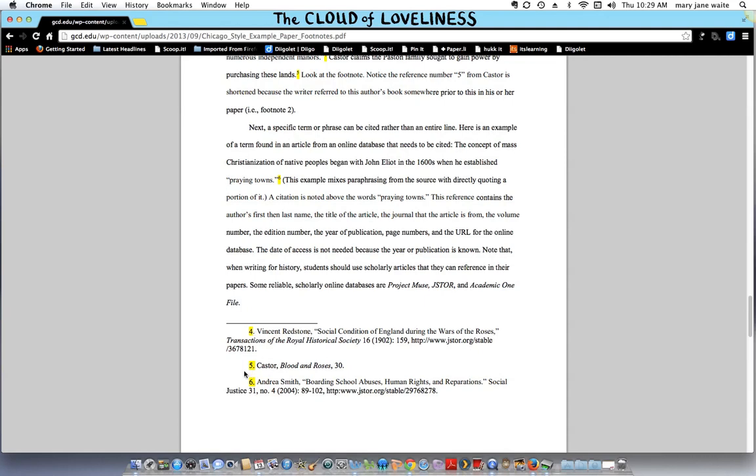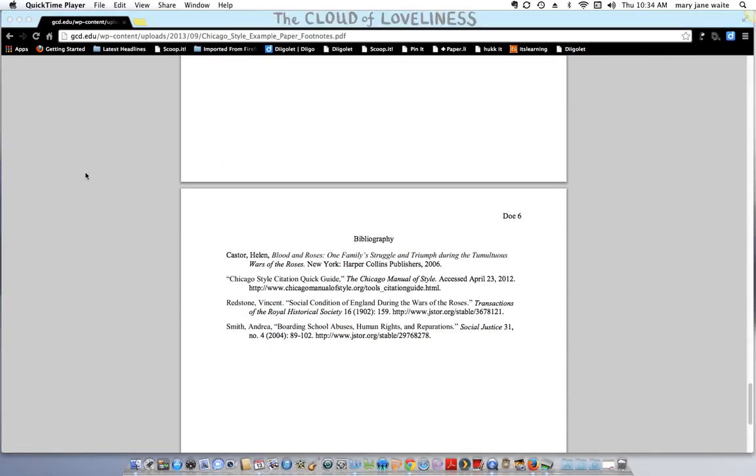So now on footnote number 5, when we are using the previous source, Castor's source, because we already have fully cited it on another page, we can use a shortened version, not the really short version, Ibid, because it is a break in the succession of information. So we are going to just use the author's last name, an abbreviated form of the title, just Blood and Roses, and a page number, and that will cover all of the information.